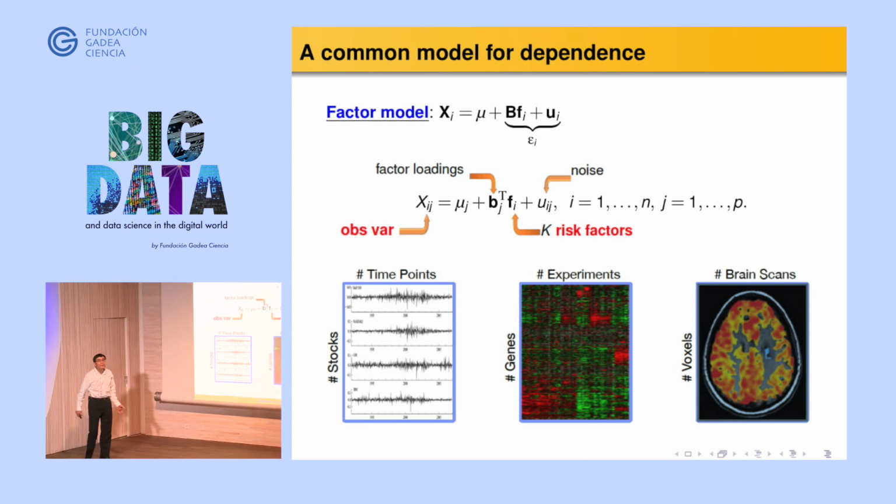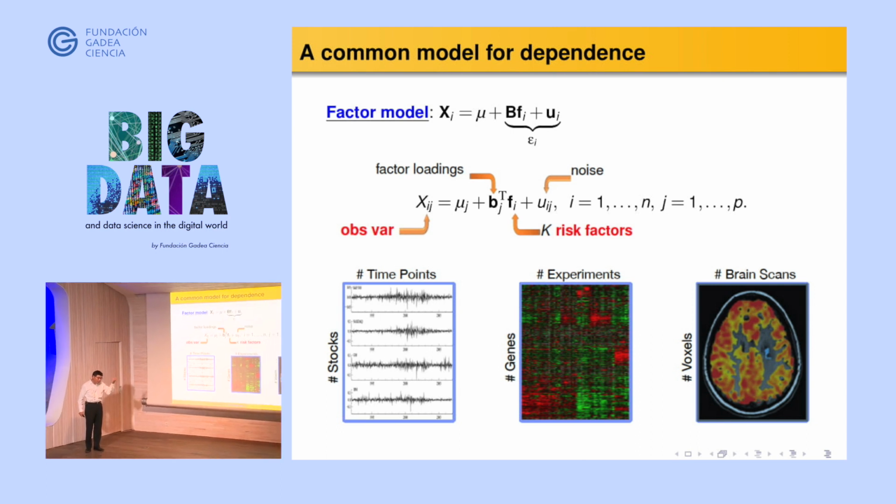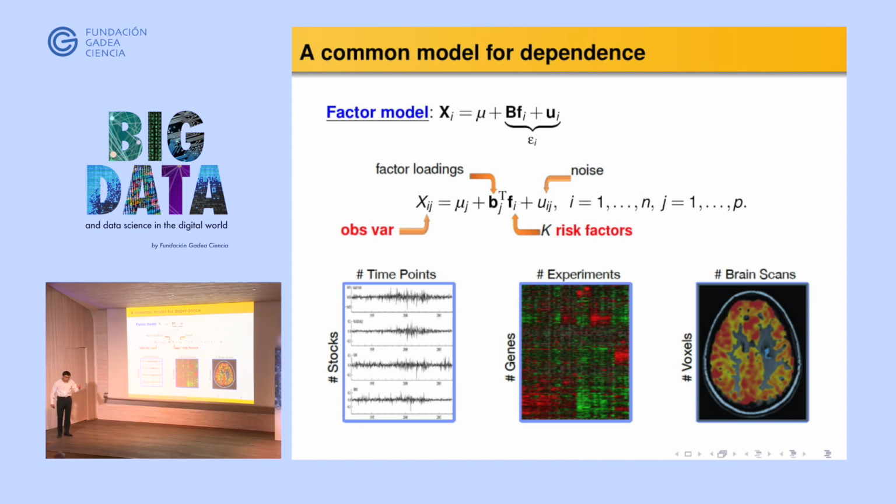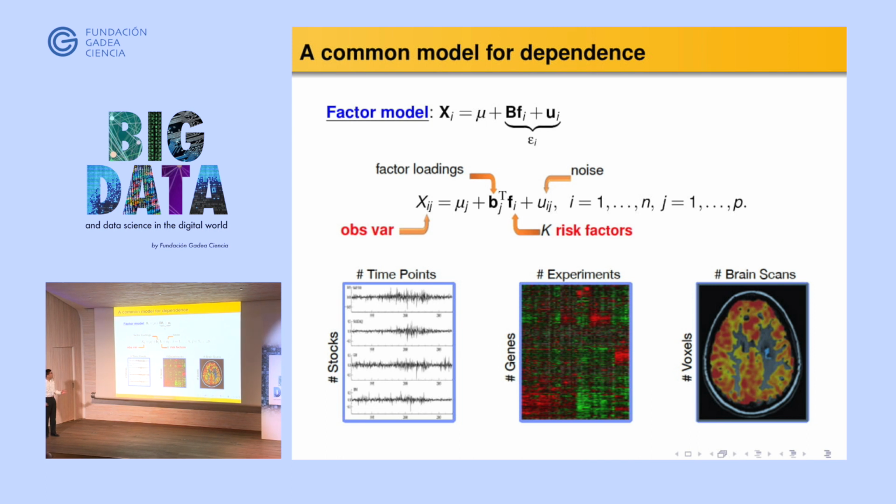They are driven by an invisible hand, the latent factor Ft, and B is your factor loadings, plus idiosyncratic components. So in other words, what we typically call noise is now decomposed into two parts. One part is the common factor. The other part is the idiosyncratic part. And of course, this is what it looks like when you write it down in components.